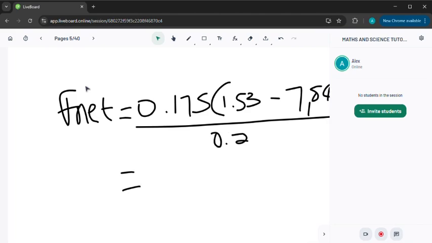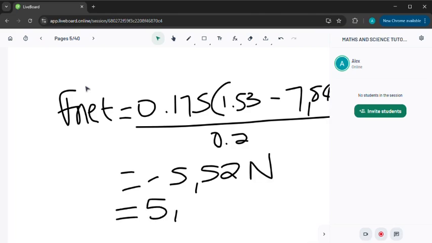Therefore, let's take our calculators. 0.175 into (1.53 minus 7.84) all over 0.2 is equal to negative 5.52 newtons, right? But we cannot leave a negative answer, so this is 5.52 newtons downwards because we chose down as negative, right?